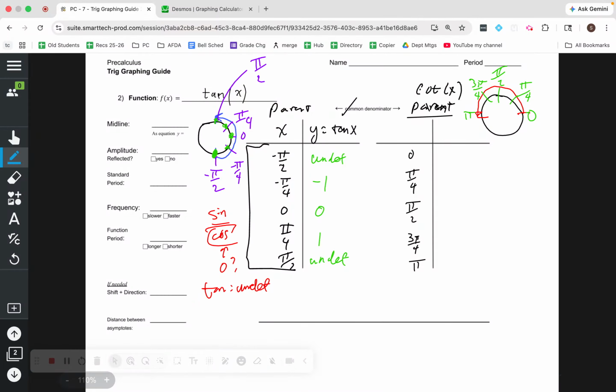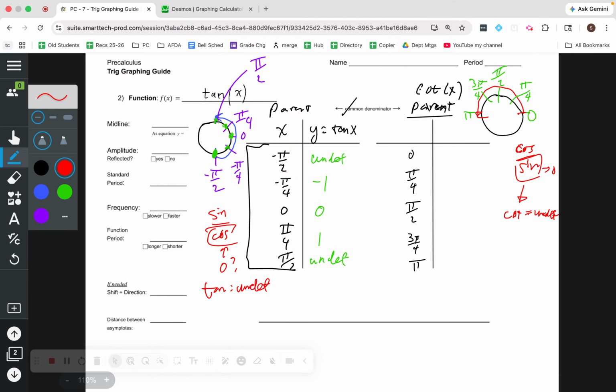Cotan is defined as cosine over sine. It's kind of the reverse. So wherever sine is 0, cotan will be undefined. Where is sine 0? Well, it's not 0 here. Oh no, I'm sorry, I misspoke.